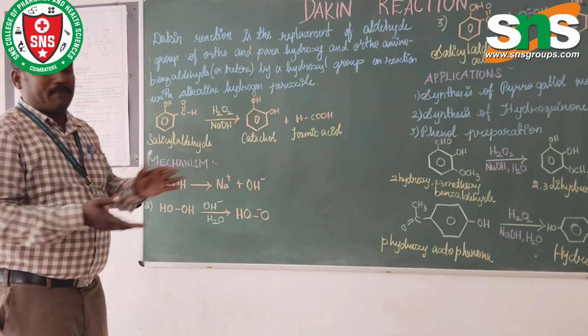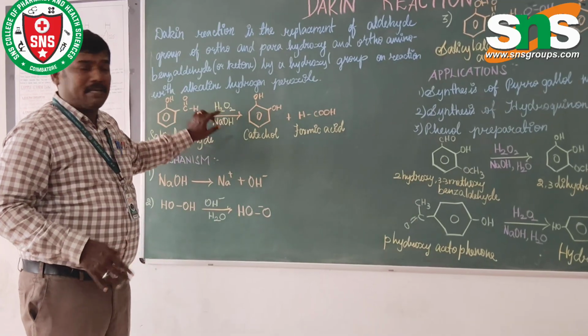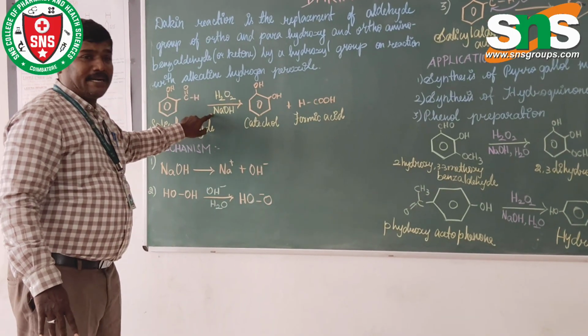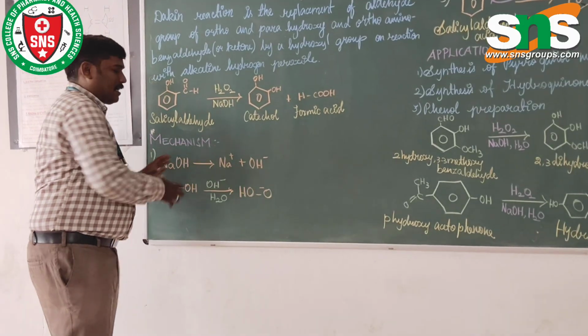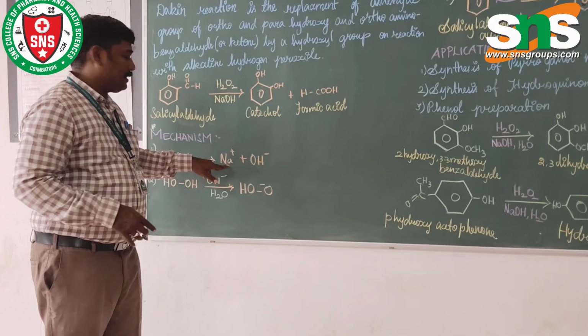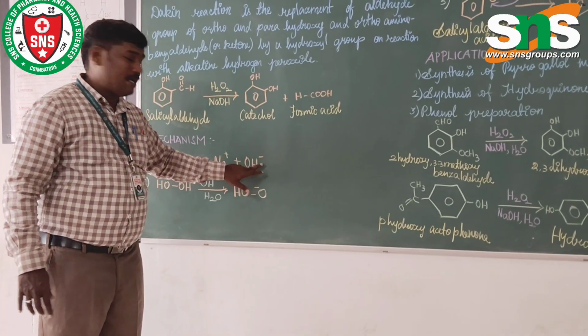As we already mentioned, this reaction is carried out in the presence of hydrogen peroxide and sodium hydroxide. Sodium hydroxide will dissociate into a cation and an anion, that is Na+ and OH−.